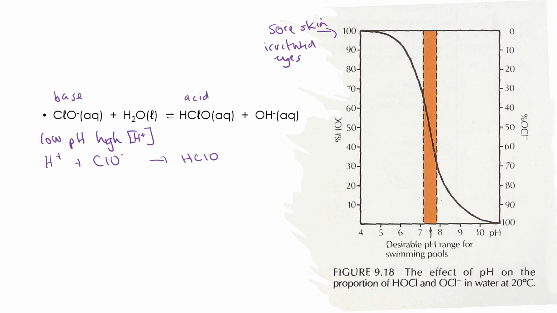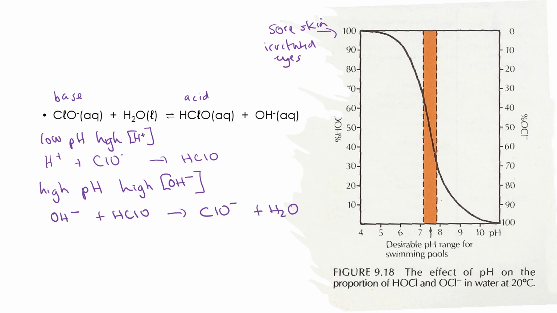When you have a high pH, that means a high hydroxide ion concentration. You can see that the hydroxides would collide with the hypochlorous acid and produce the hypochlorite ion plus water.